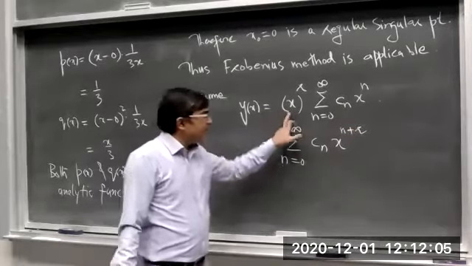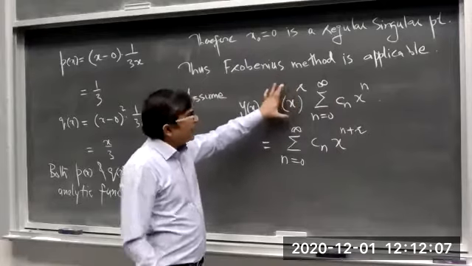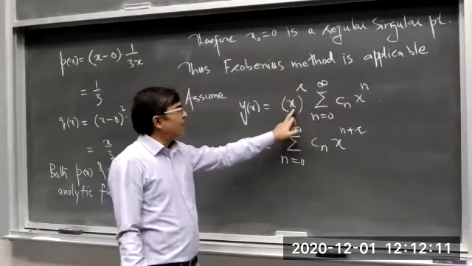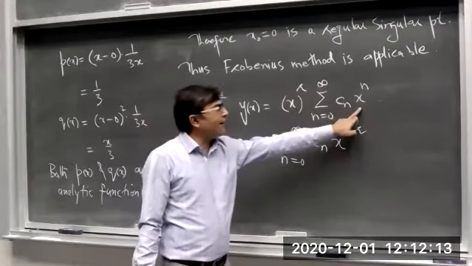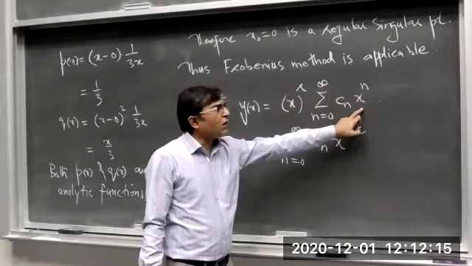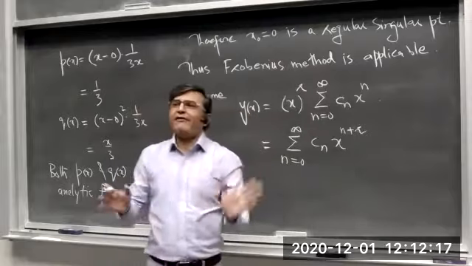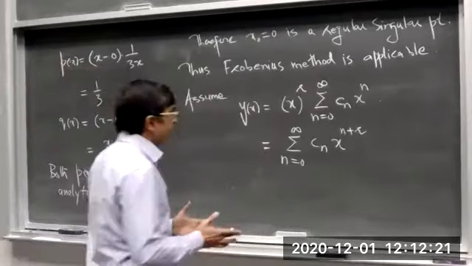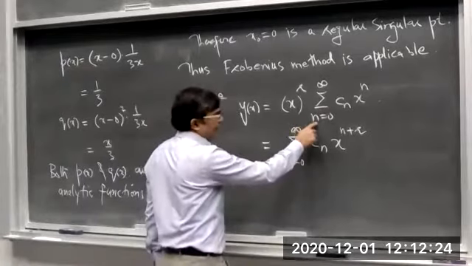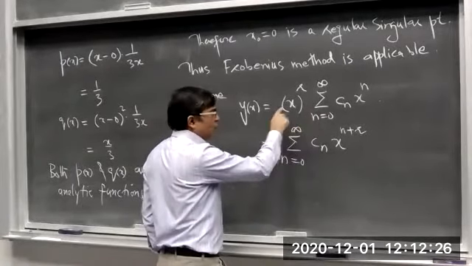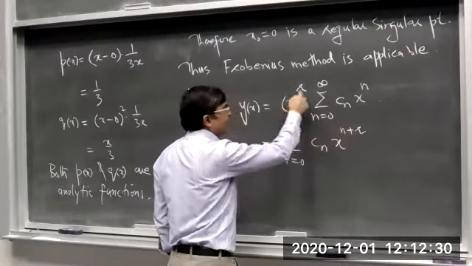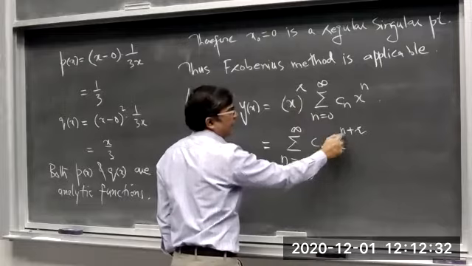This term doesn't involve n, where the summation is on n, so we can take it inside the series or outside the series. It doesn't affect the summation because the summation index is n. We can take this inside and add it here because x power r times x power n gives x power n plus r.